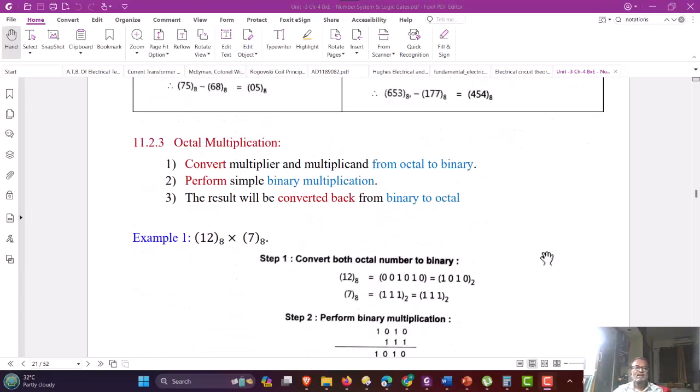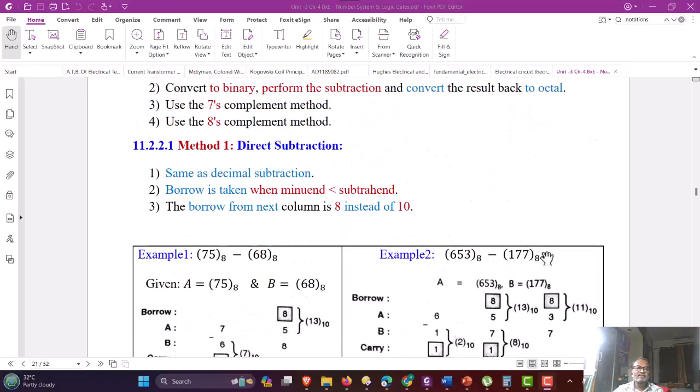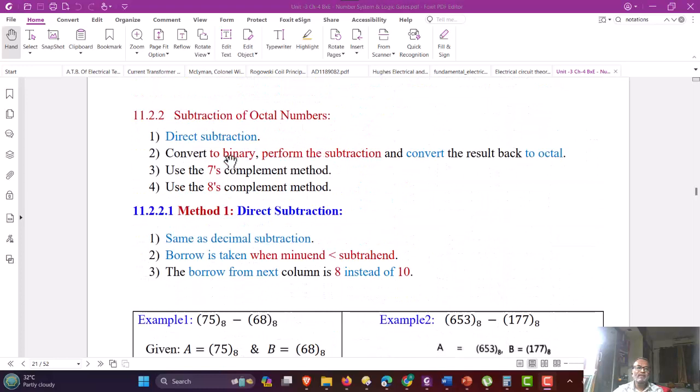The octal multiplication is shown next. But first we have to shed some light on subtraction of octal numbers by conversion, the second method. And this method is simple.